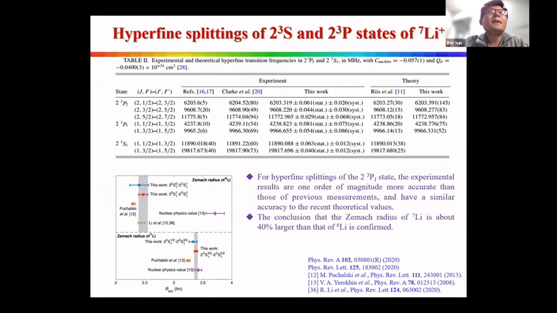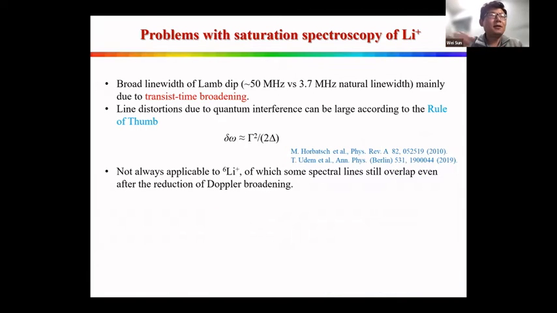So now let's take a second look at the saturation spectroscopy of the lithium ion and see what the main restrictions are. First, although the Doppler broadening is basically eliminated, there is still significant transit time broadening due to the ion's faster velocity.